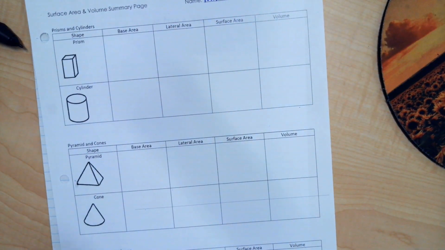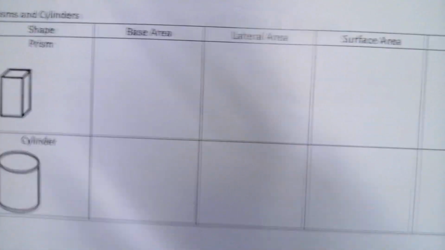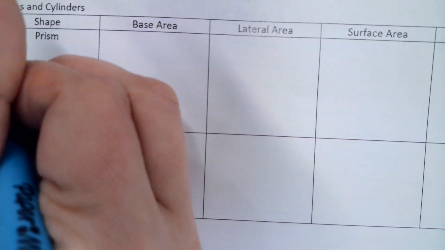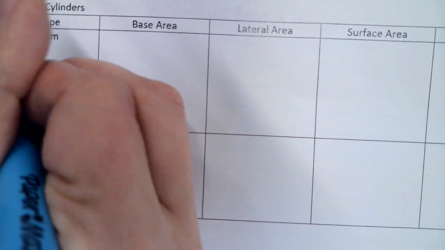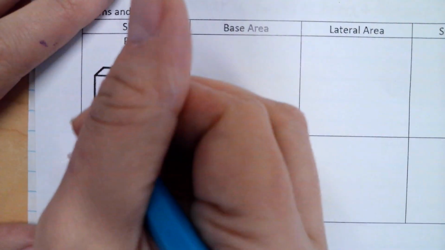So start at the beginning, a very good place to start, where we name these figures based off of the base itself. What is the base here? It looks like a rectangle. It's a rectangular prism.